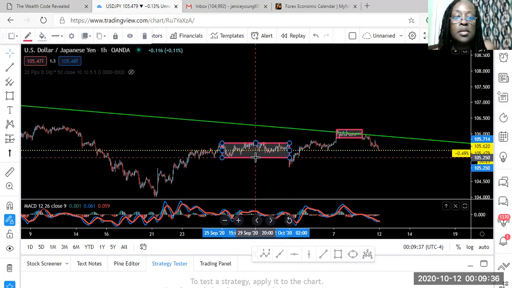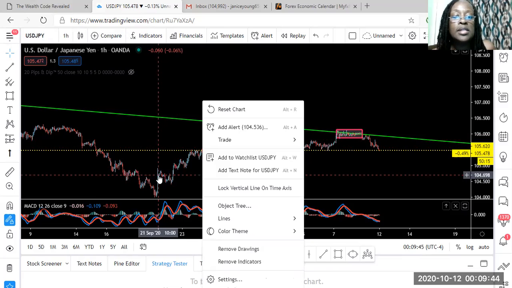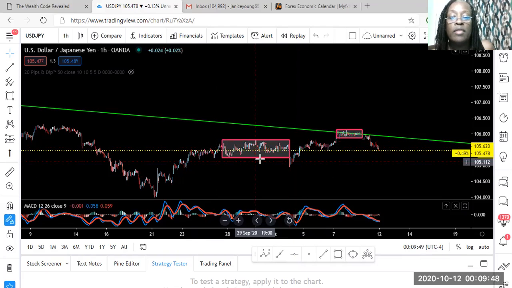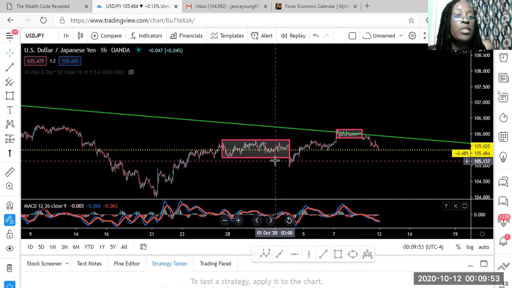Right, in this area right there. I see some consolidation. And you want to box this in so that you can clearly see what price is doing in relation to the area of consolidation. Okay, so that's what I see here on the hour.